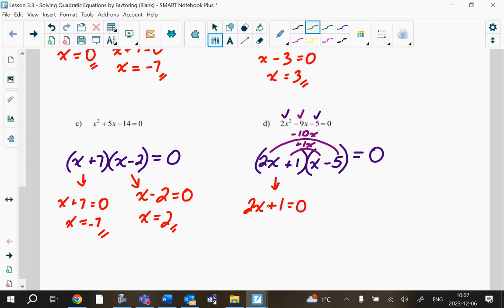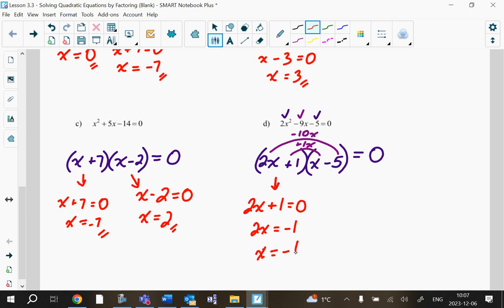Subtract 1 from both sides. We always get rid of what's furthest from the x first. Come on, you guys. This is grade 9 stuff. So 2x equals -1. Then we divide both sides by 2. X equals -1/2.